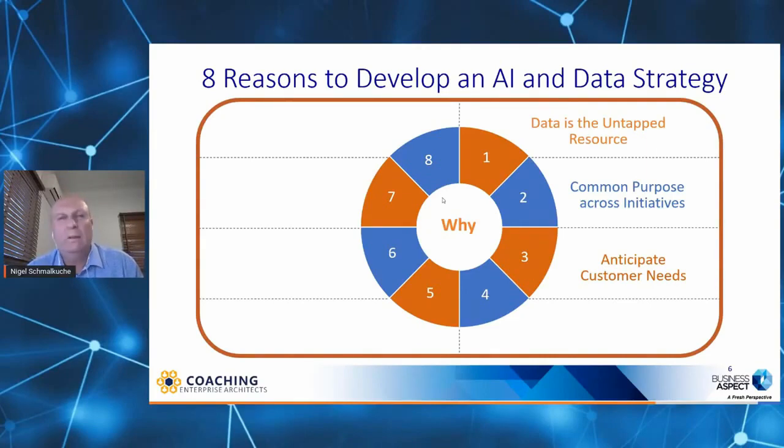Now, to anticipate customer needs, you need to be able to do predictive and prescriptive analytics. You need to have the data available. Maybe it might be unstructured data from social media. Maybe you're combining different data sources from internal and external, and you're able to anticipate customer needs.